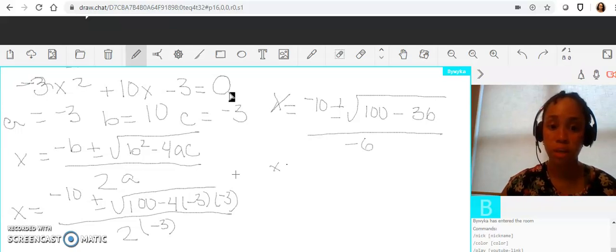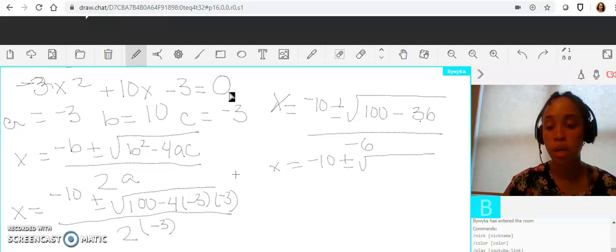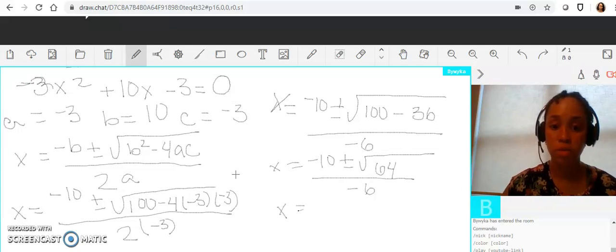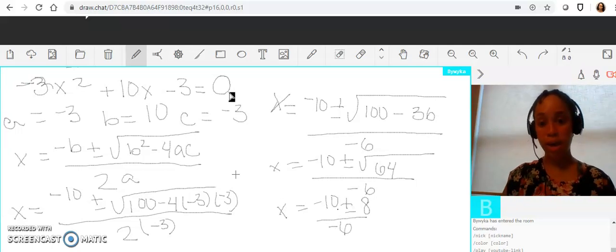So I get x is equal to negative 10 plus or minus the square root of 100 minus 36, which is 64, all over negative 6. So I get x is equal to negative 10 plus or minus 8 all over negative 6. So now I can evaluate. I have negative 10 plus 8 divided by negative 6, and I have negative 10 minus 8 divided by negative 6.